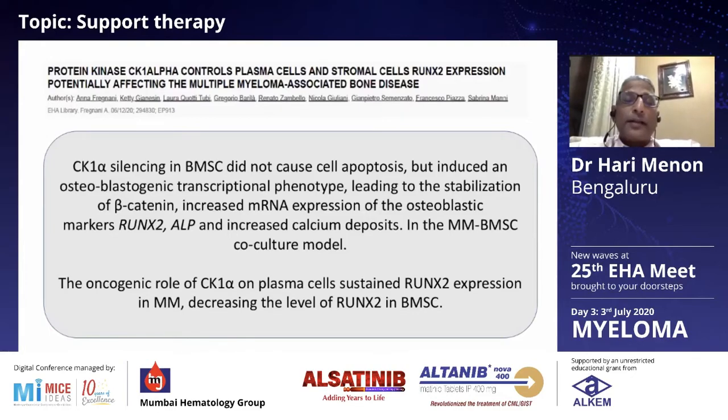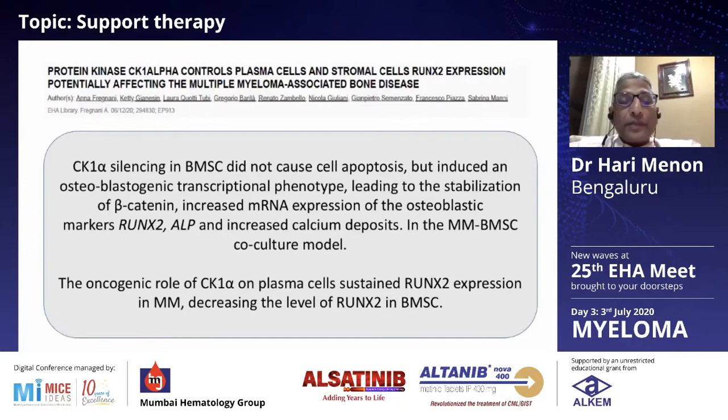So there may be a role for CK1 alpha silencing in bone marrow stromal cells. It did not cause significant apoptosis, but it definitely induced an osteoblastic transcriptional phenotype. So here we are probably promoting the activity of the osteoblasts, as against suppressing the osteoclasts.